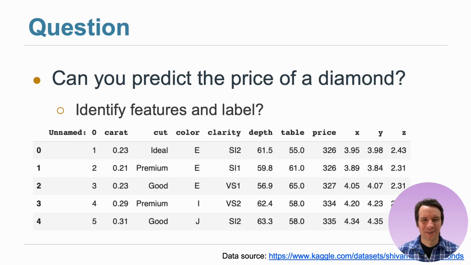We will work on this fun exercise. There is a data set about diamonds, and the diamonds have carats, cut, color, clarity, depth, table, price, x, y, z, whatever those features are.